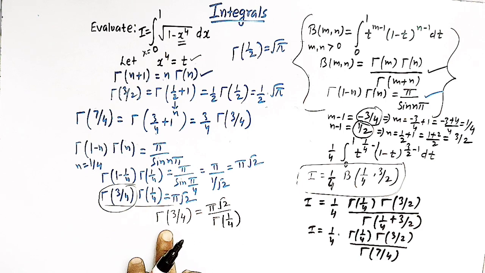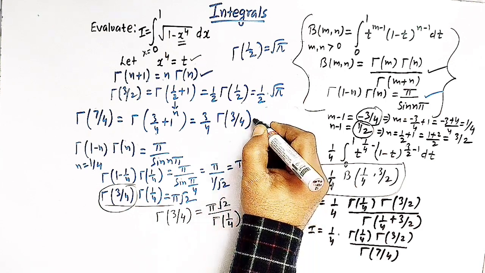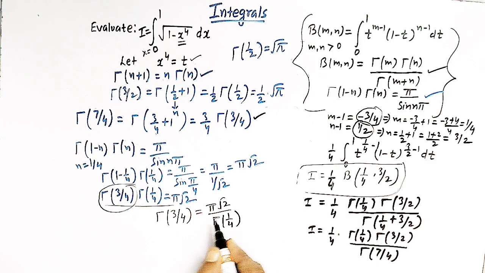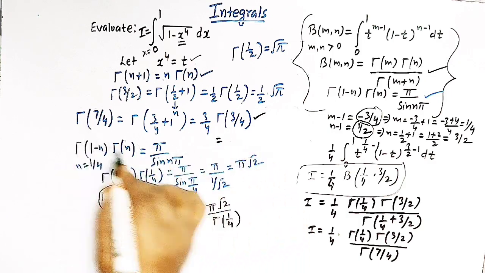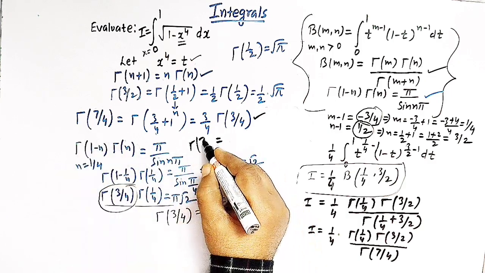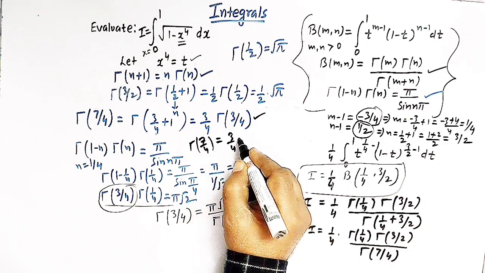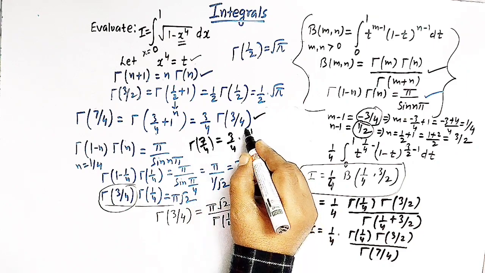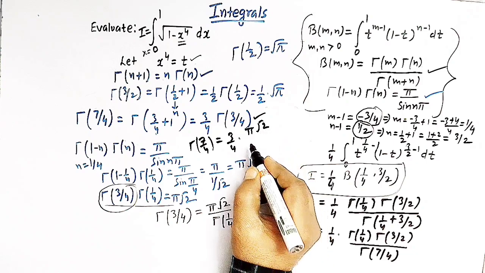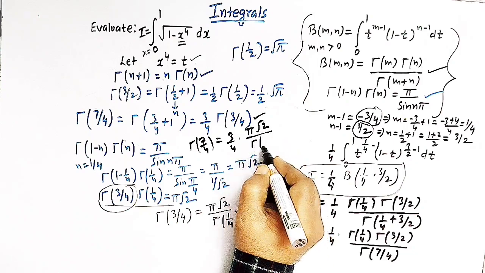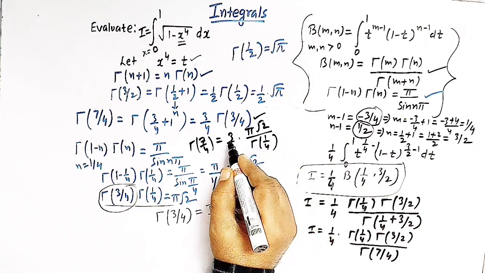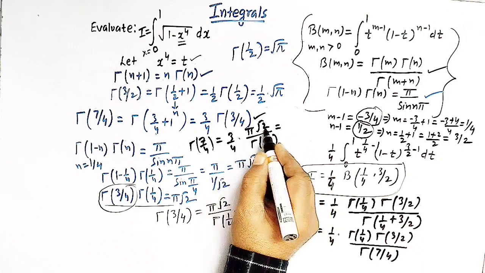So now substituting the value of gamma 3 by 4 in this relation, we have here the value of gamma 7 by 4 as 3 by 4 times, then we have pi root 2 divided by gamma 1 over 4. So now we can rearrange the terms.